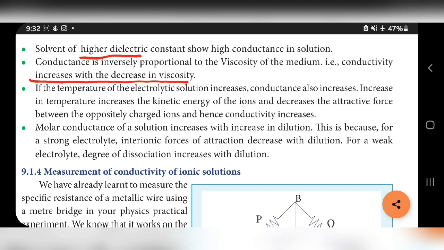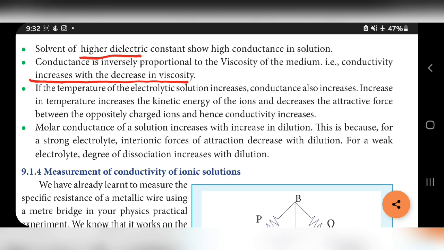Simply, we can understand it with the help of density. If density is more, conduction is small; if density is small, conduction is more. So conductance and viscosity are inversely related.